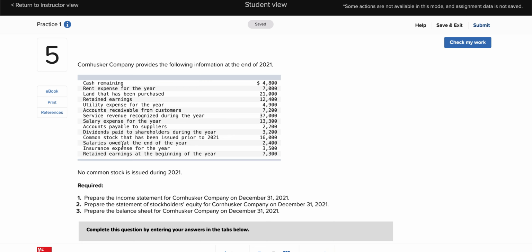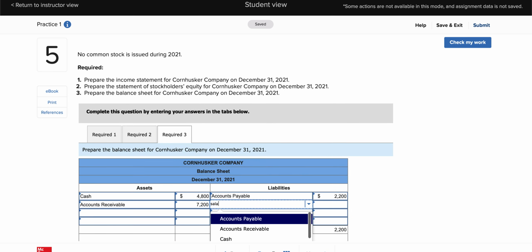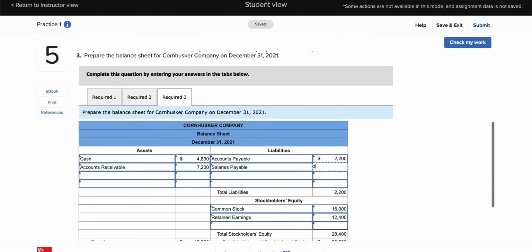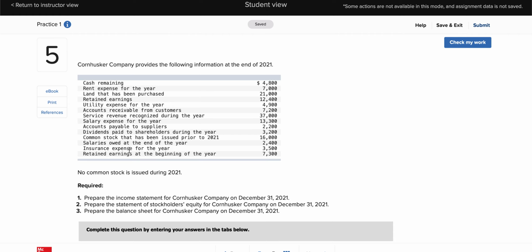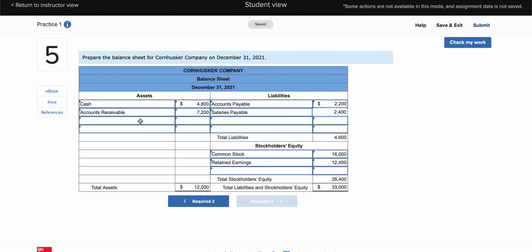Owe means it's payable, means that it's a liability. So I want my salaries payable here. And that amount again is $2,400. What's left? Expense, that would have been income statement, and retained earnings, that would have been used to calculate my stockholders' equity items. Let's see what we have here.